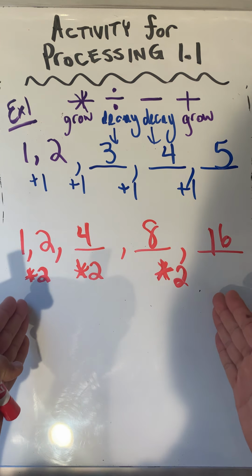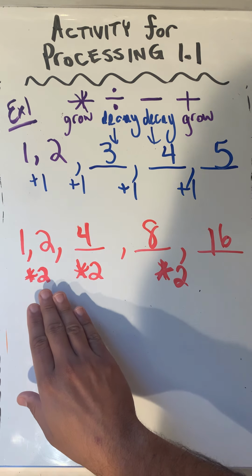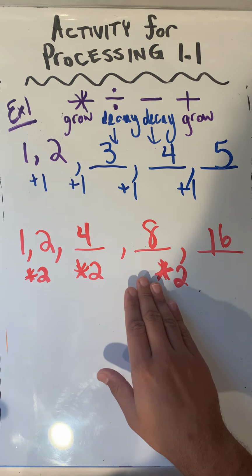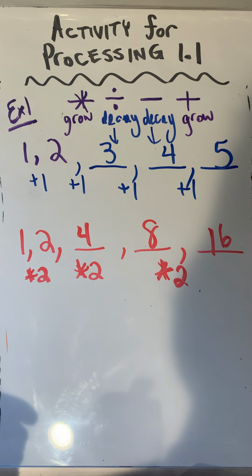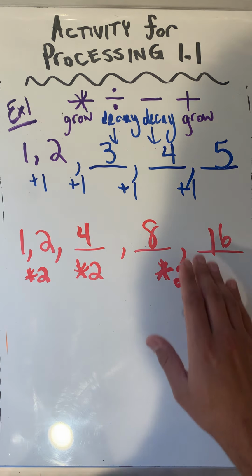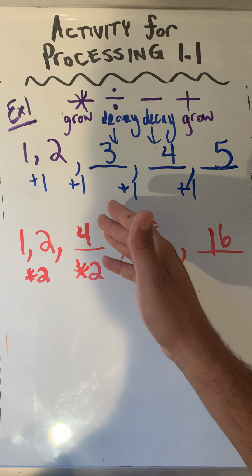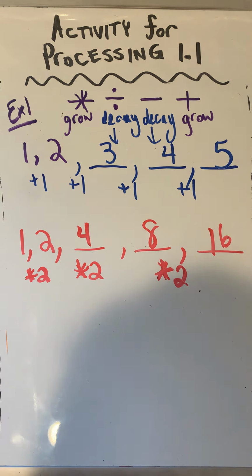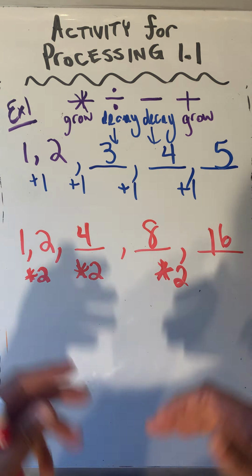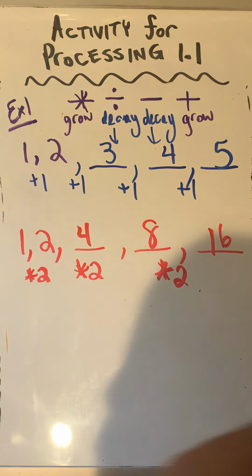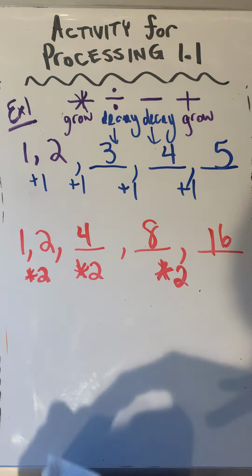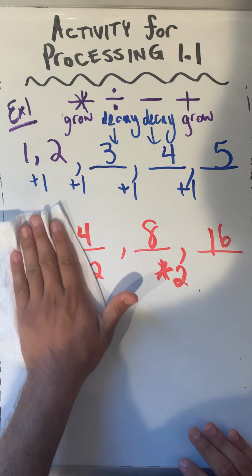Down here on the red sequence, we can say that I multiplied to get to the next term of the sequence. So 16 is 2 times greater than 8. 8 is 2 times greater than the previous term, which was 4. Right? So many ways you can go about describing it, but that's how I would go about it. All right, so that's example 1 there. Let's go ahead and hop into example 2.